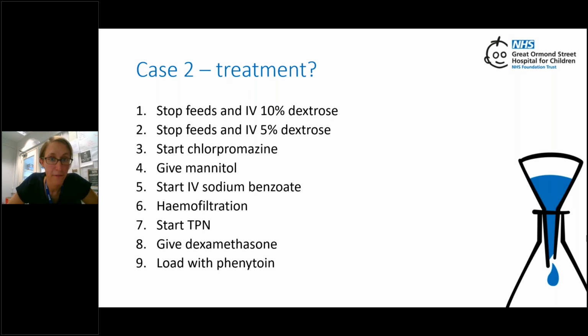You could stop the feeds and give 5% dextrose. You could start the little one on chlorpromazine. You could give mannitol. You could start them on IV sodium benzoate. You could go for hemofiltration, start TPN, give dexamethasone, or load with phenytoin.